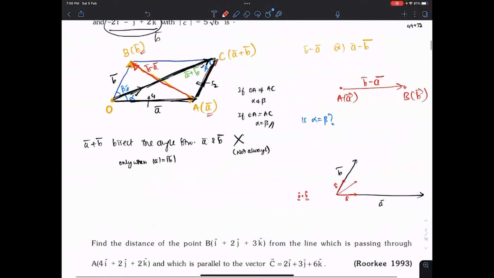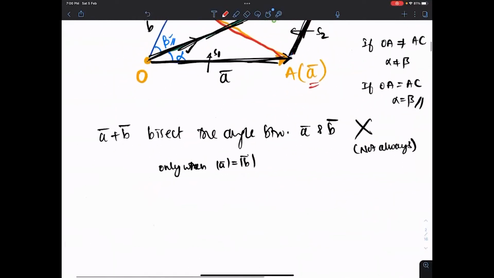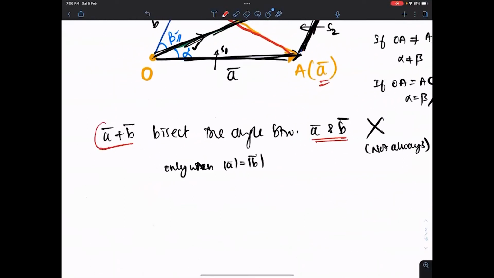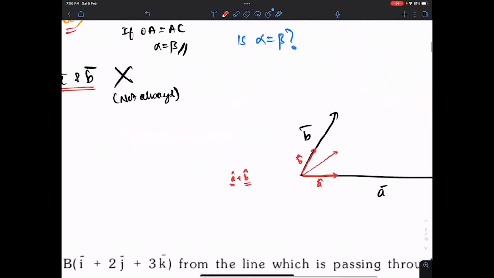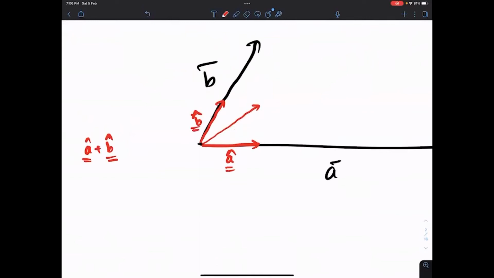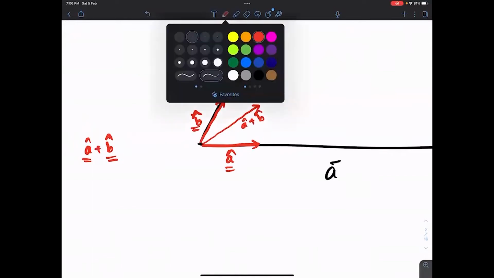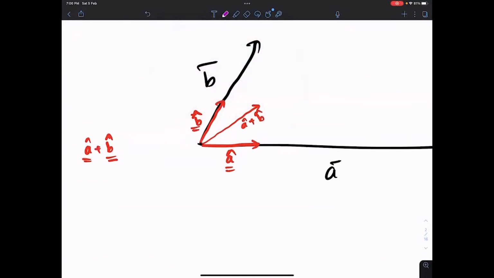Does A bar plus B bar bisect the angle between A bar and B bar? No. When will it bisect? If these two vectors are of the same length. Now here also, A cap, B cap are the same length only. Then A cap plus B cap should bisect the angle between A cap and B cap. And it is bisecting the angle between A cap and B cap, which means it is bisecting the angle between A bar and B bar.